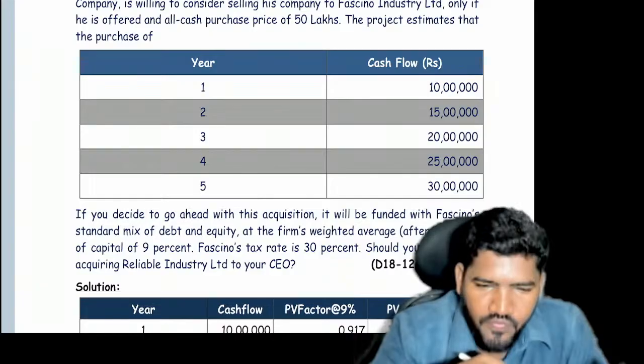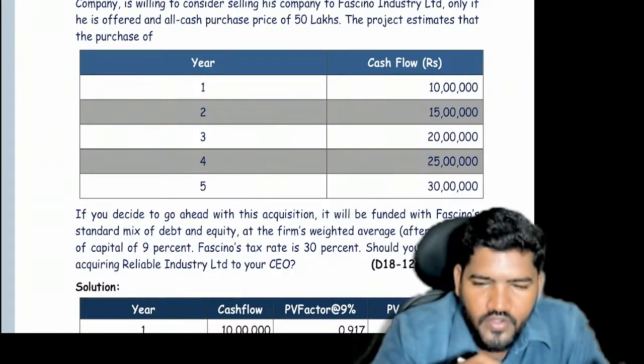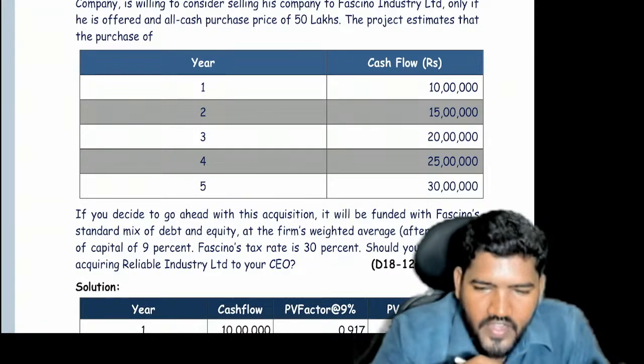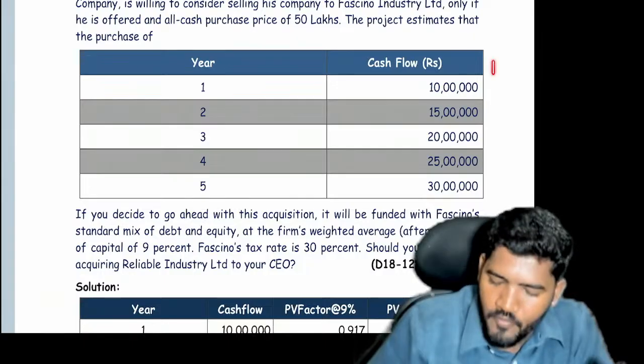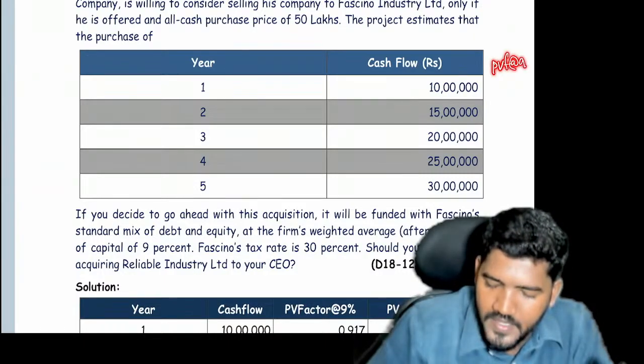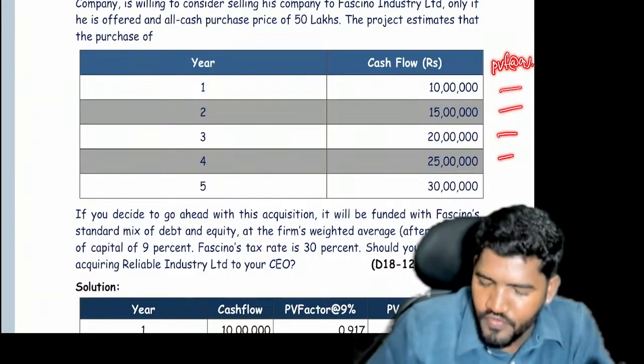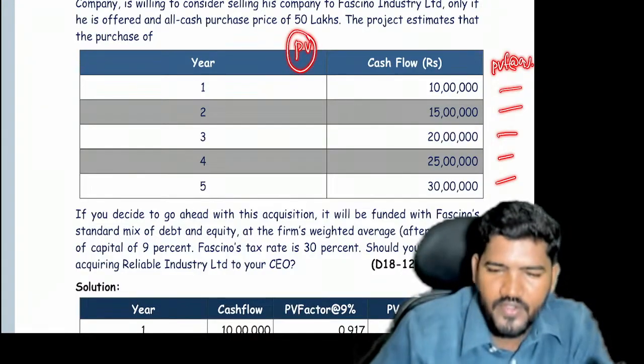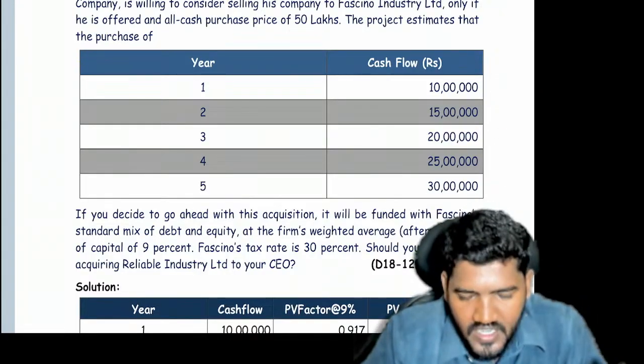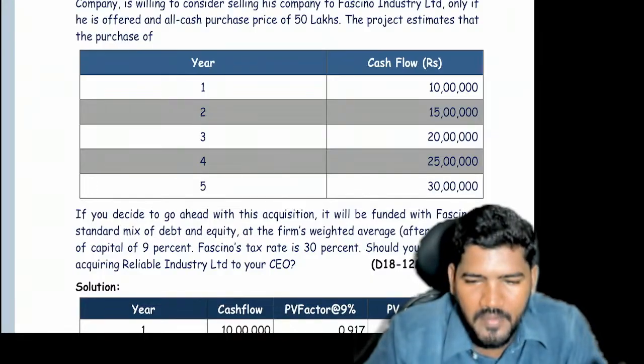Next, step 4 is conversion of future value into present value. How? With the help of the present value factor at the rate of 9%. At the rate of 9%, you will get the present value factors. If you multiply, you will get the present value. Step 5 is to take a decision. The summation of present values is nothing but the value.